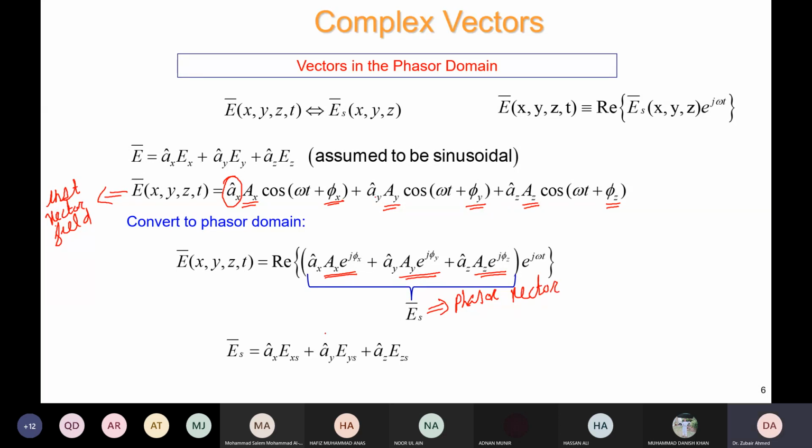And obviously it has three components. So this Exs is the same thing as ax exponential of j phi x. Eys, the scalar component, is denoted by ay exponential of j phi y, and Ezs denotes this component.